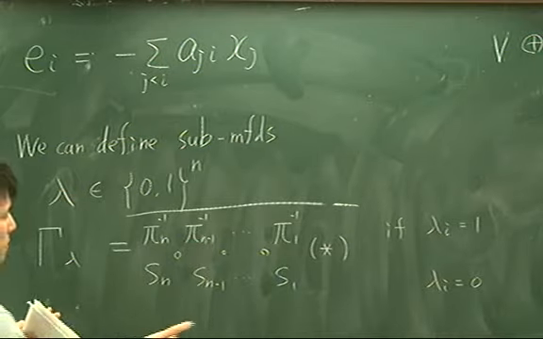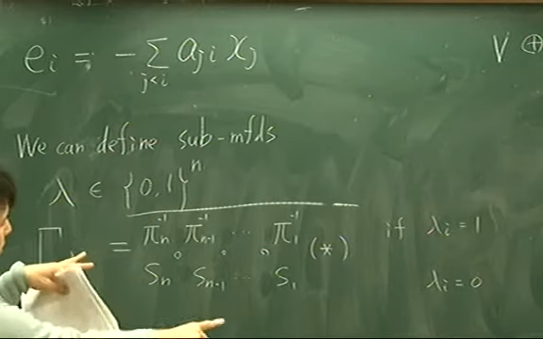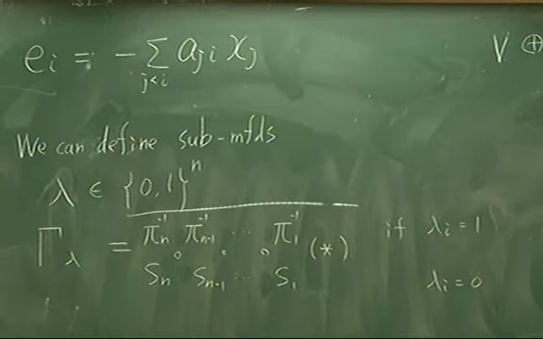Whenever you have 0 in the sequence, you take this. So this is not so difficult. Whenever you have 1, then you can have a fiber here.